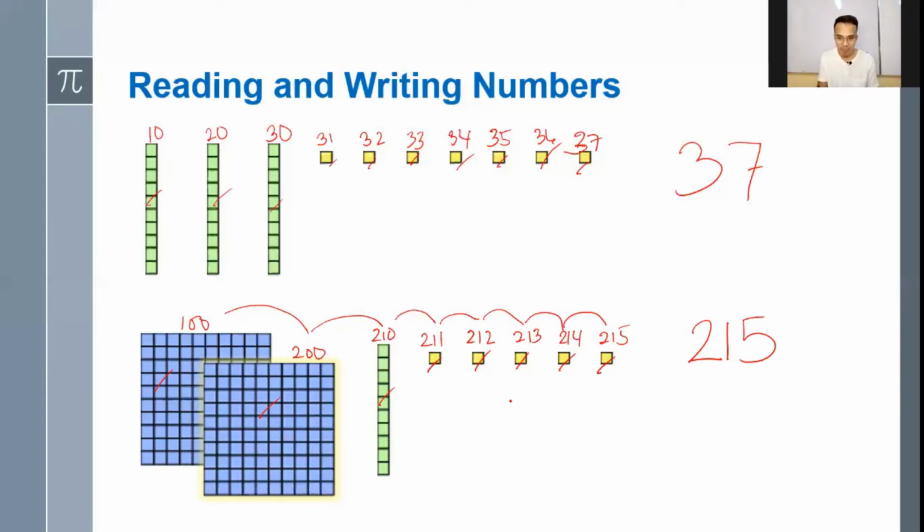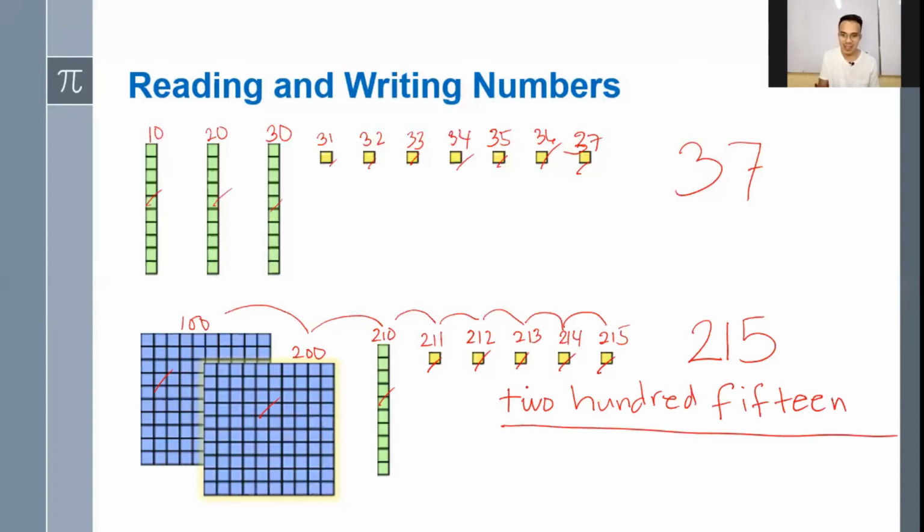We have here 200 and 15. So 215. This is read as two hundred fifteen. Did you get that?